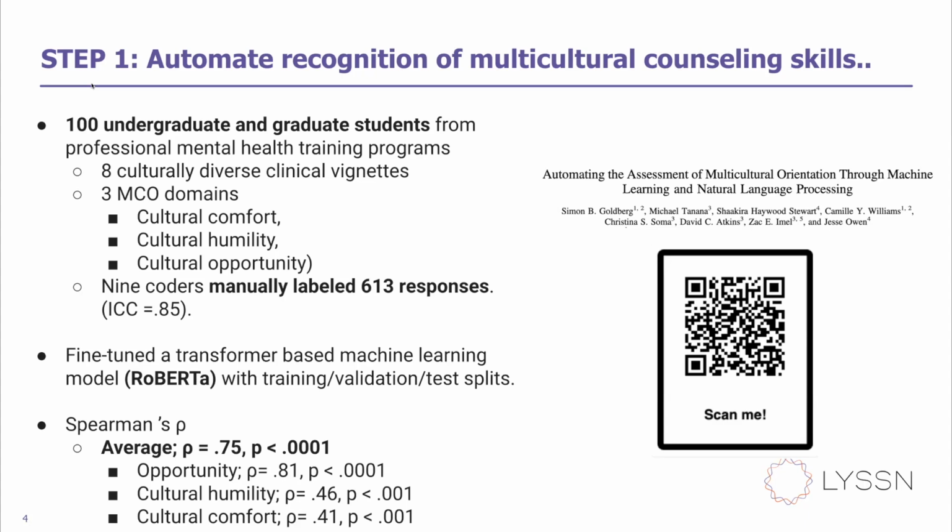And so we're engaged in scaling up the amount of human responses we have right now to try and get more data to improve this before we release it, because the next step here is we have built the training platform and we are getting ready to release an initial stage of this for an ongoing study, looking at if we can really train people, give them quick feedback, and improve their multicultural counseling skills quickly using this sort of technology. So thanks for listening, and I'll stop there.